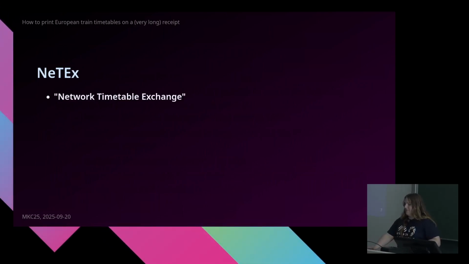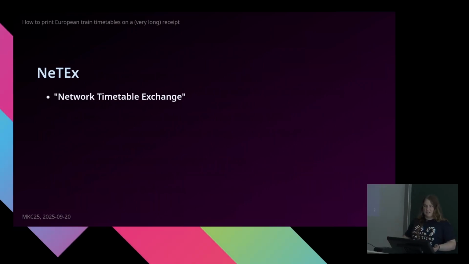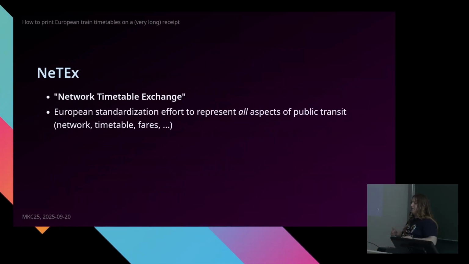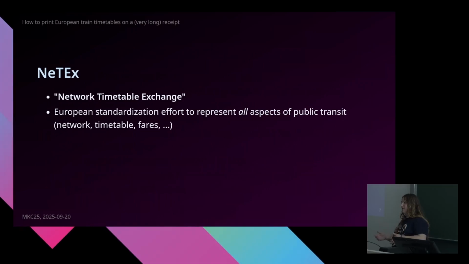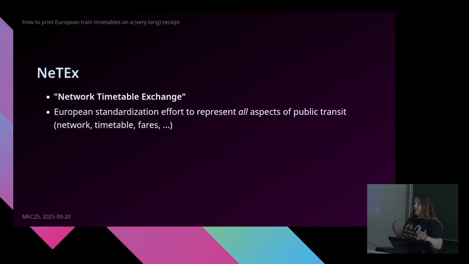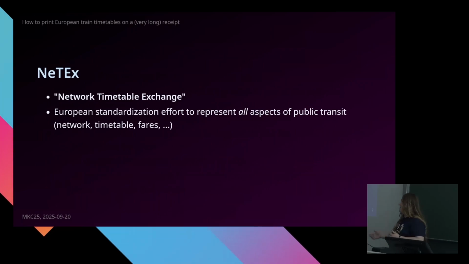NeTEx stands for Network Timetable Exchange. It's a transit format that was developed by the EU to basically represent every single aspect of public transit that could be out there. So it has a lot of subparts which describe various aspects of it.